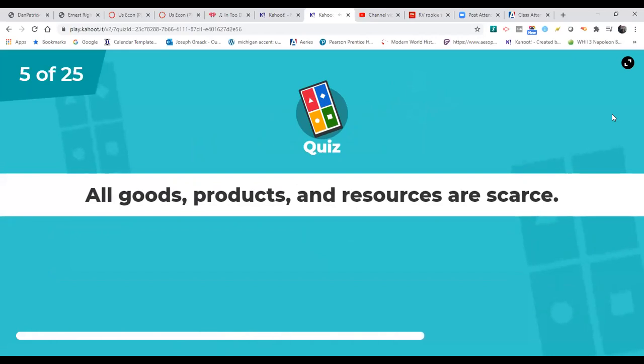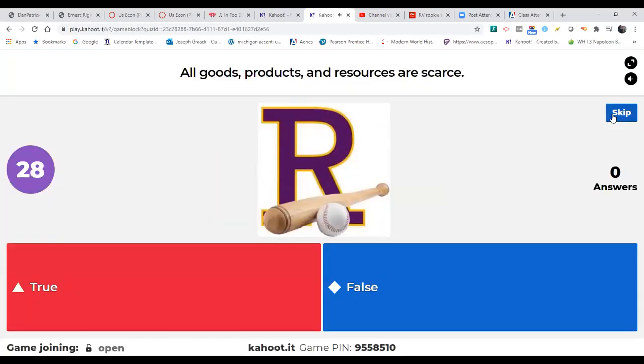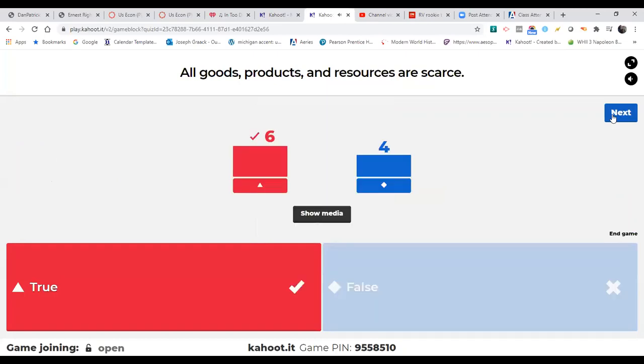All right, all goods, products, and resources are scarce. Is that true or false? It's true. Remember, everything in this world is scarce.